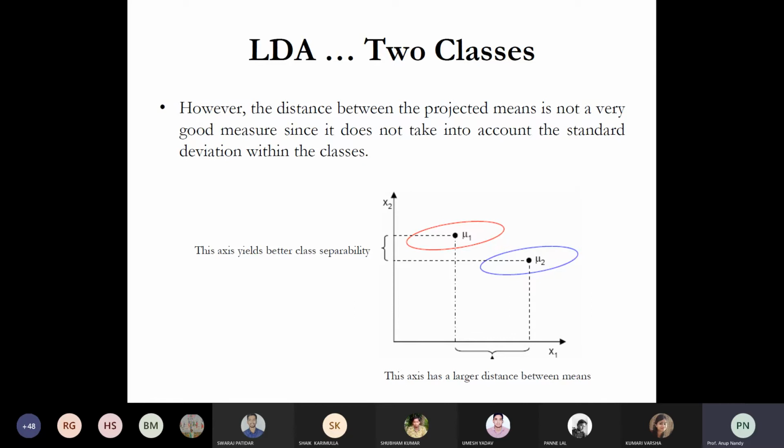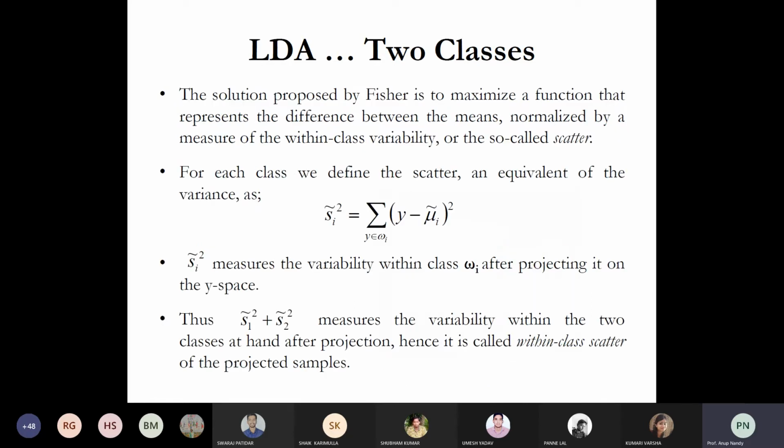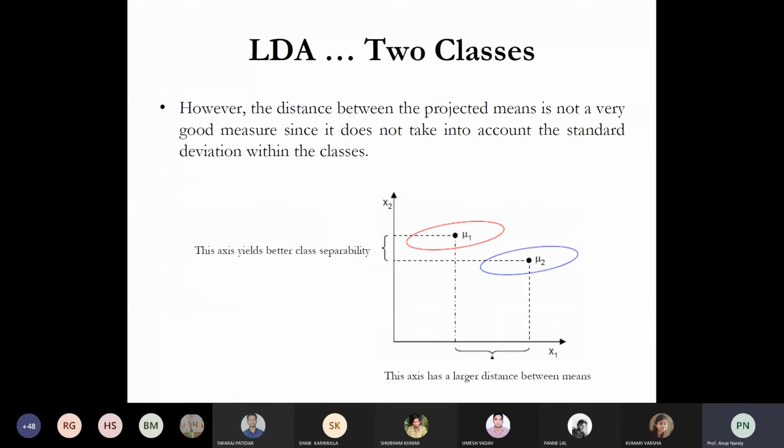Now to solve this, we'll be using the within class scatter. This is the solution proposed by Fisher, because whenever these things appear, you need some solution to get rid of this problem.